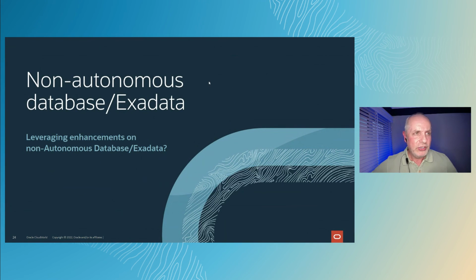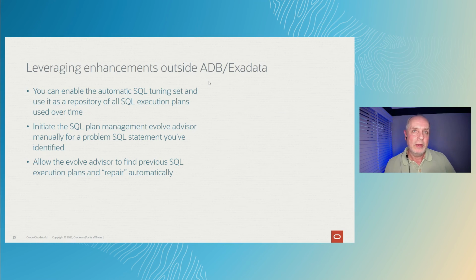So I did mention this a little bit earlier, that these enhancements we've added change quite a lot of functionality under the covers and add new things. And that means you can leverage that. In particular, you can enable the automatic SQL tuning set on Enterprise Edition, for example.